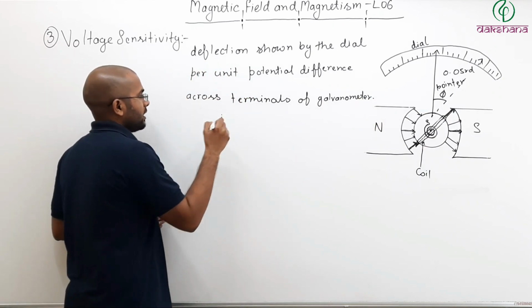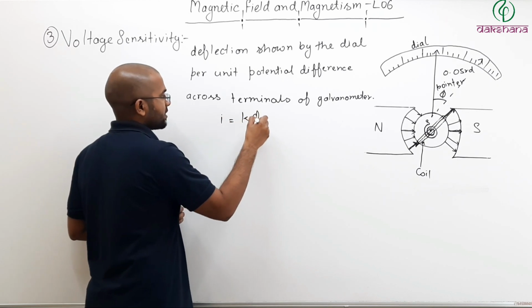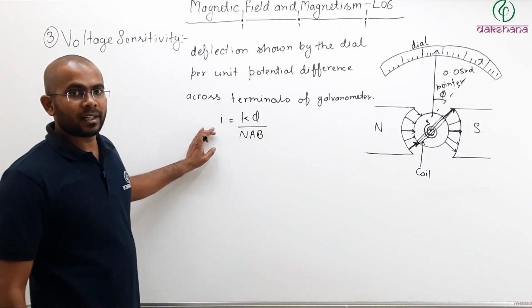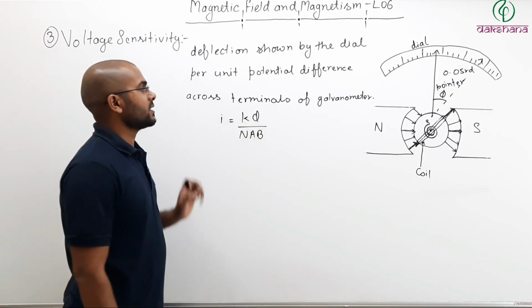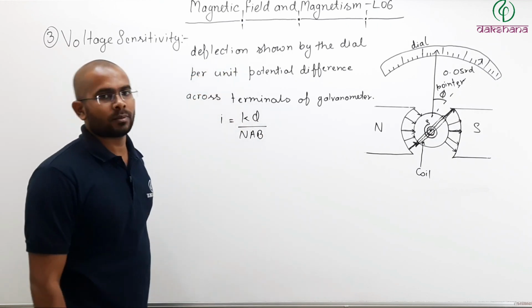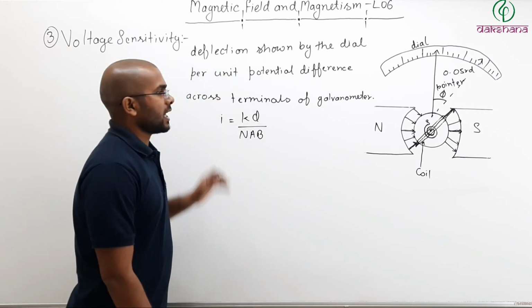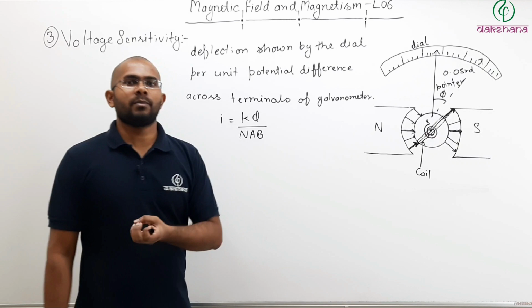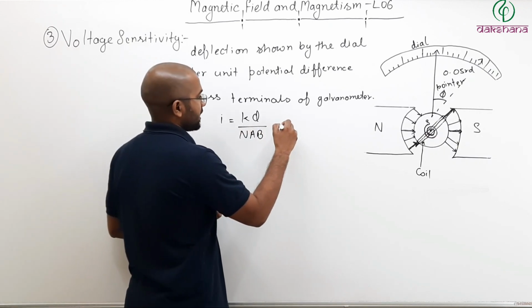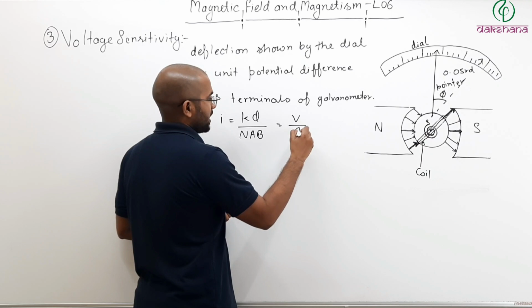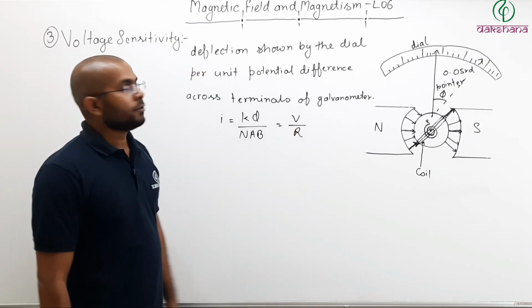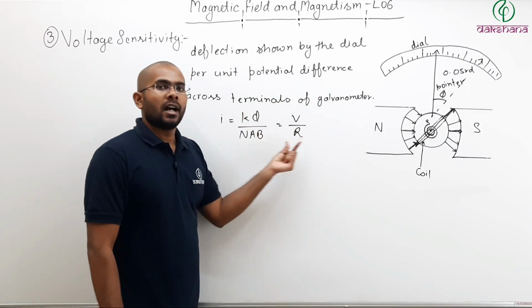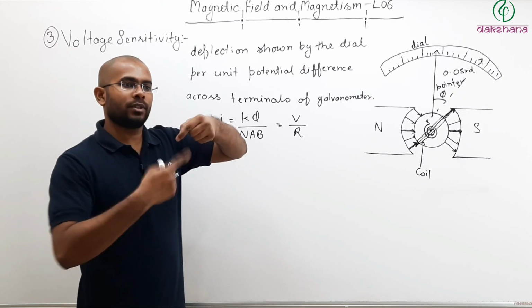We have already studied that I is equal to K times phi divided by NAB, where I is the current passing through the coil and phi is the angle deflected or deflection shown by the dial. Now what is I? V is equal to IR, so I is nothing but V by R. So in place of I we can write V divided by R, where V is the potential difference across the terminals and R is the total resistance of the coil.